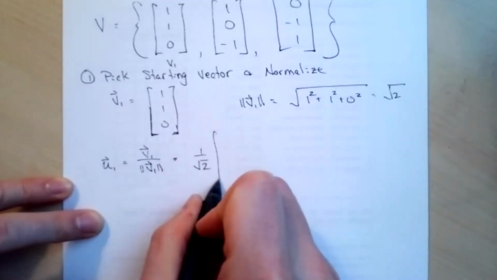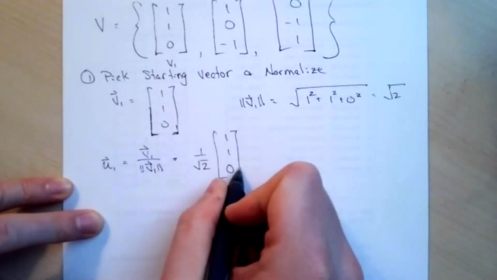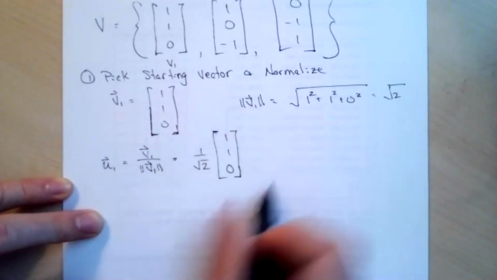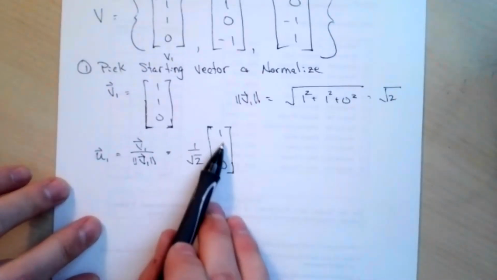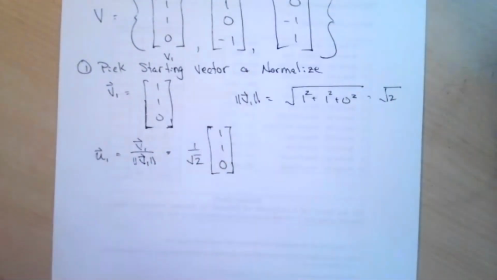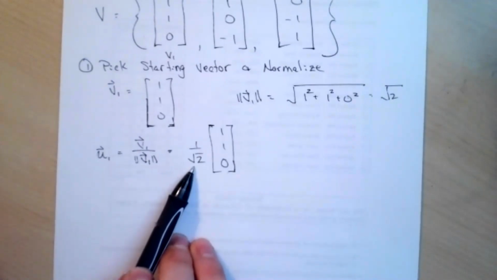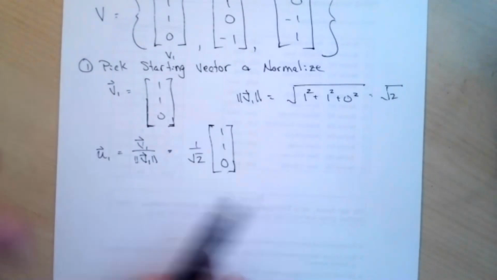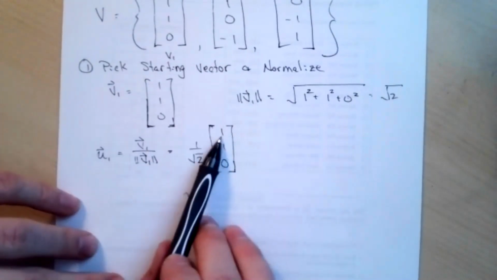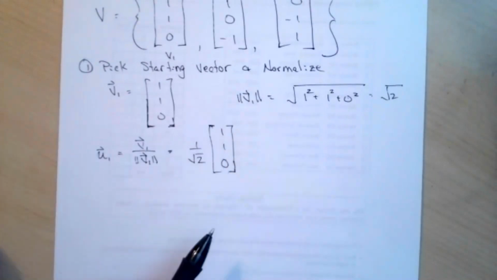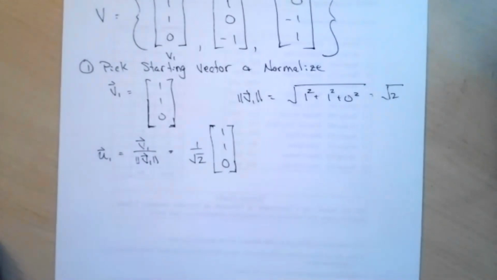For the sake of computation and organization and just visual niceness, you can keep it like that if you want. If you want to keep the scalar multiple outside, like if you have nice integers in the vector, and usually the norm of the vector is, oftentimes, a square root. If it ends up being a whole number even, you'll end up getting fractions within the entries. So if you just want to keep that fraction or whatever multiple outside, I'm perfectly fine with that.